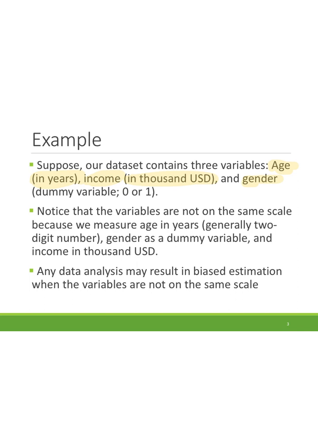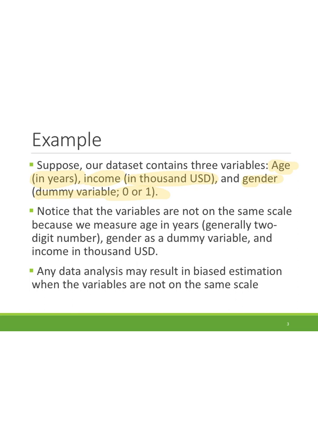In the previous lecture we saw how to convert this kind of variable into a dummy variable, which takes only two values, 0 or 1. So gender is a dummy variable which takes 0 and 1. So we have age, income, and gender: three variables, three columns in our data set.